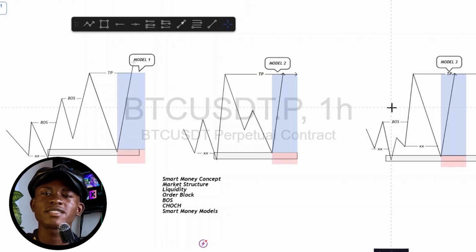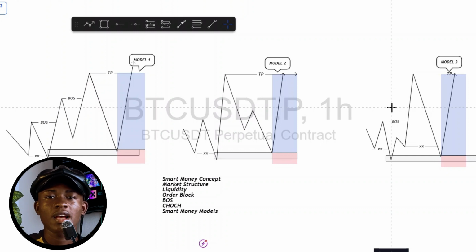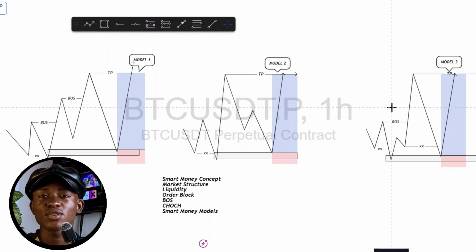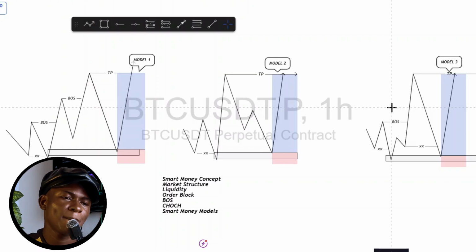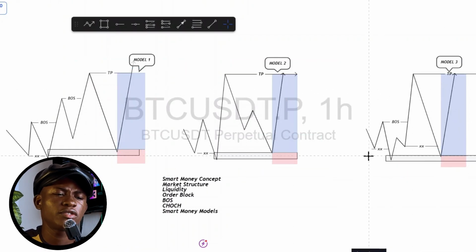Someone is trying to learn trading and you're trying to make it look hard. Trading isn't easy and it's not hard either. It's just strategy. The difference between a profitable trader and an unprofitable trader is not even strategy, it's just knowledge. So let's dive in and I'll explain everything you need to know about these three models.